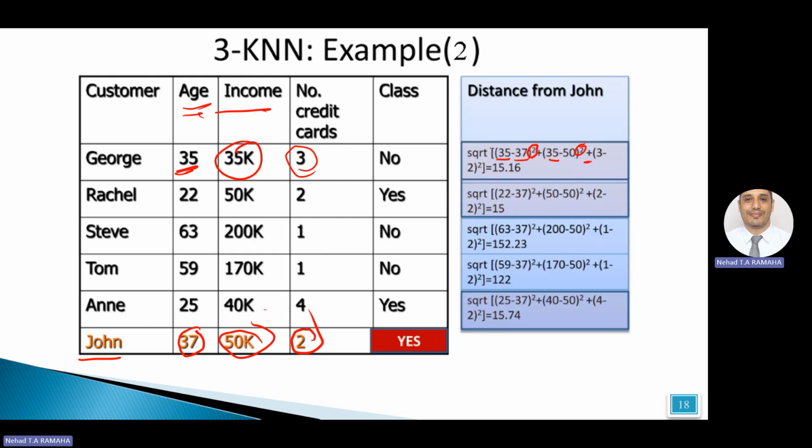After you calculate, you take the square root, yes? So here we have 15.